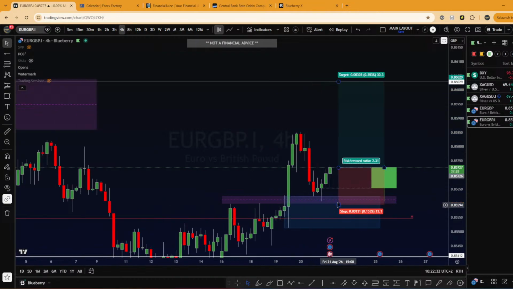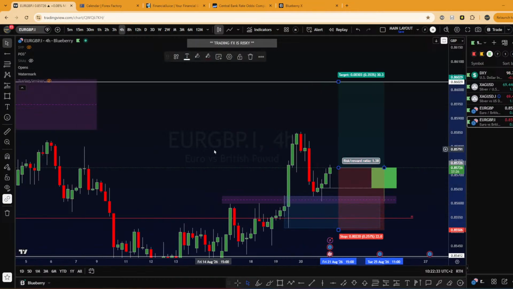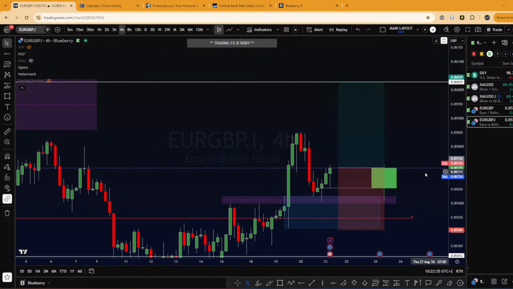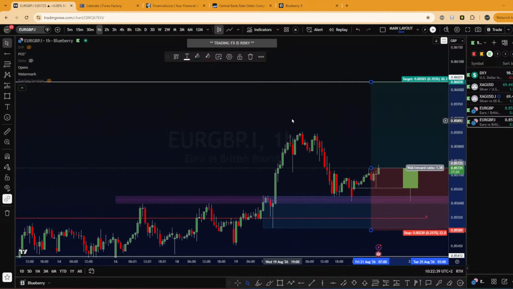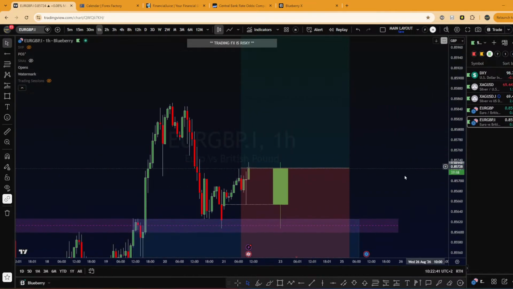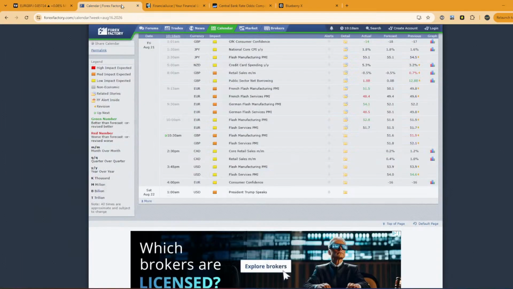Normally my stop will be here. Yeah, I think I will enter, no matter what the pound, because I think, yeah, no. So let's see what the pound will print, the PMI on United Kingdom.